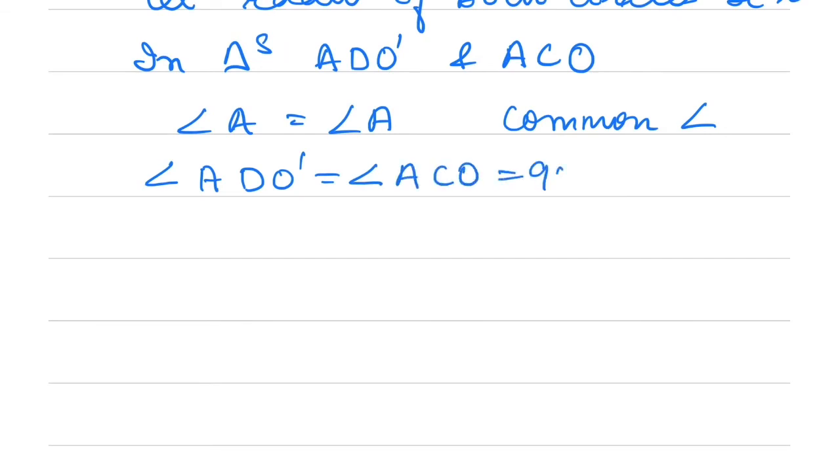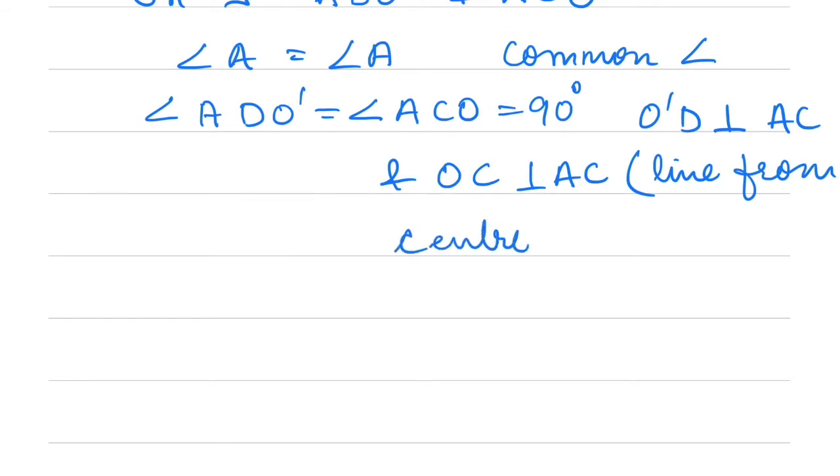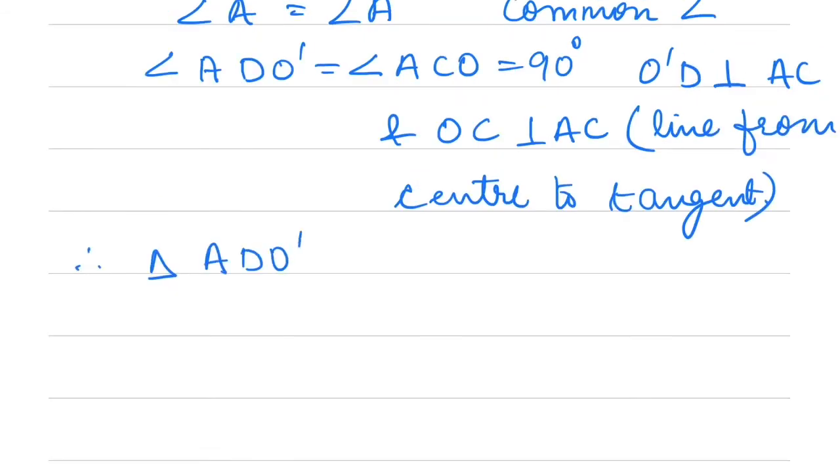Both are equal to 90 degrees as O dash D is perpendicular to AC and OC is perpendicular to AC, line from center to tangent. Therefore, triangle ADO dash is similar to triangle ACO by AA property.